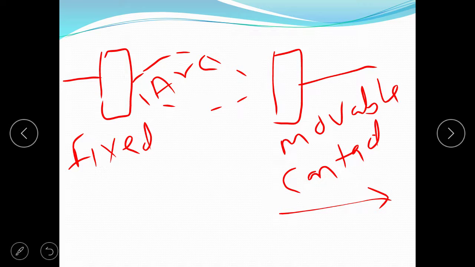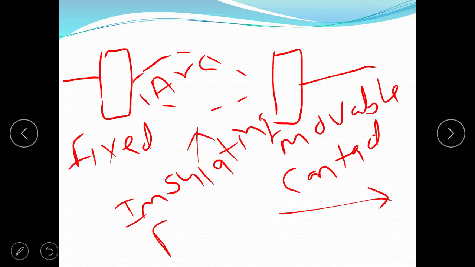So to extinguish this arc, an insulating fluid is required between the contacts of the circuit breaker. So according to the requirement of insulating fluid, circuit breakers are named. Insulating fluid.